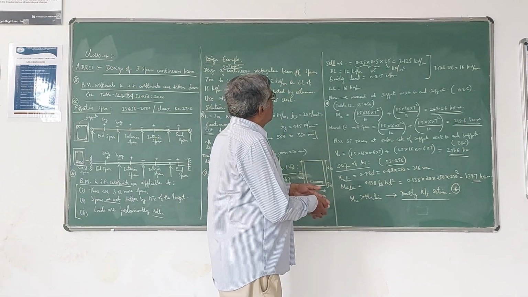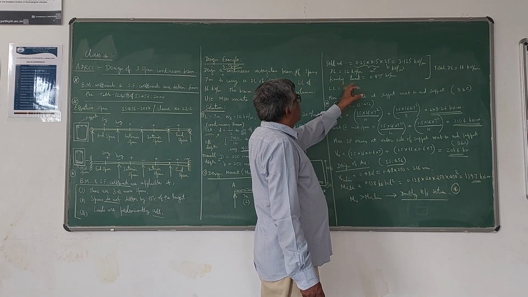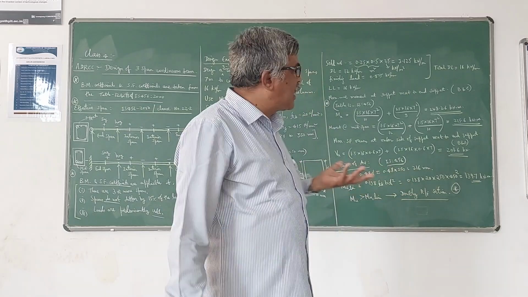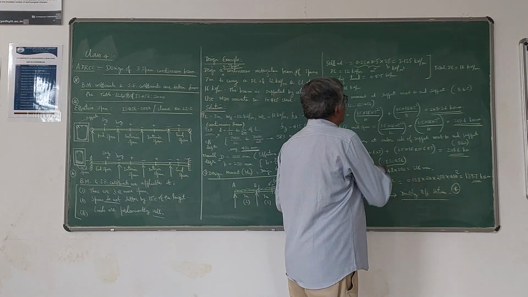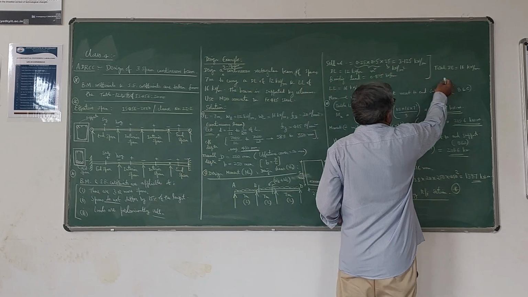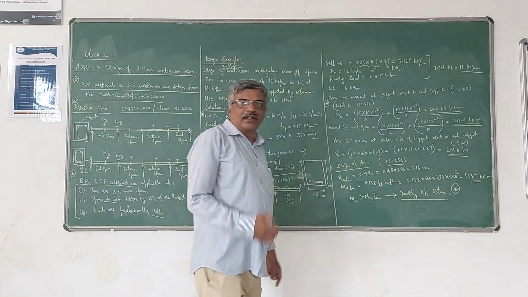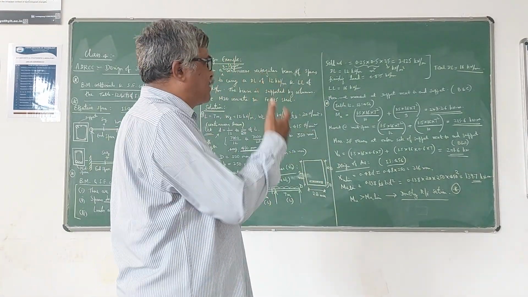That's all. Now, given dead load is 12 kilonewton per meter. Let me assume a finishing load; normally finishing load is taken as 1 kilonewton per meter. Here I have taken 0.875 kilonewton per meter, because if you add all these three, you are going to get a load of 16, a whole number, not a decimal.